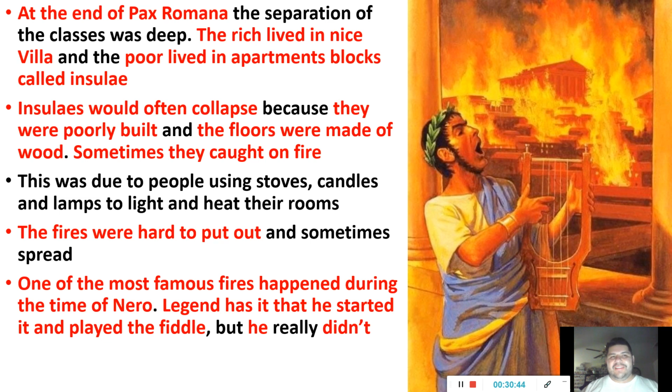It's one of those things that people are taught and they believe, but in reality, it never happened because, for one, the fiddle wasn't invented at the time Nero was emperor. So how could he play an instrument that didn't exist at the time? Some people even think that he started the fire. No.